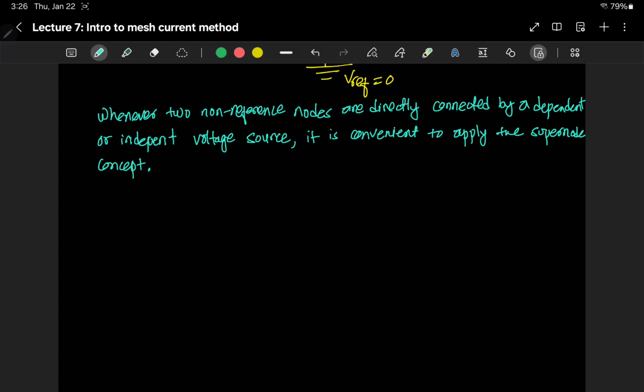And a supernode is basically a closed surface, and KCL, or Kirchhoff's current law, applies to the surfaces too.